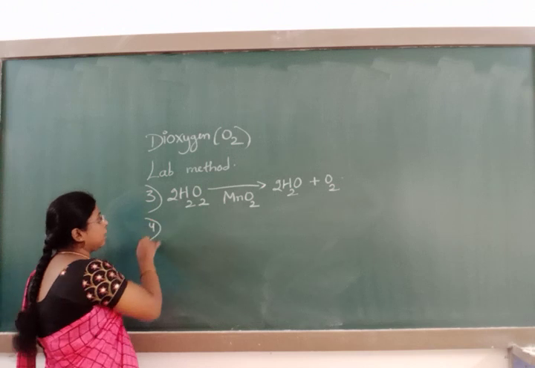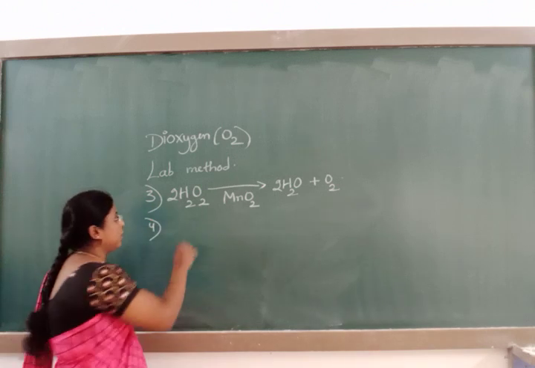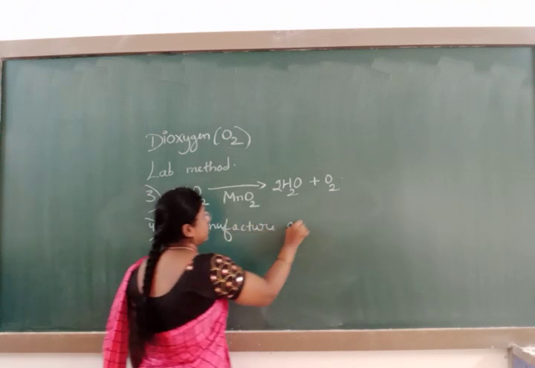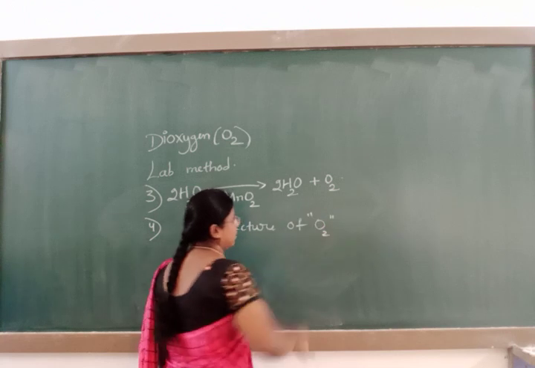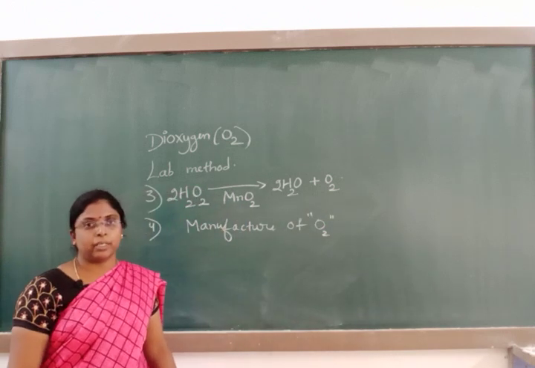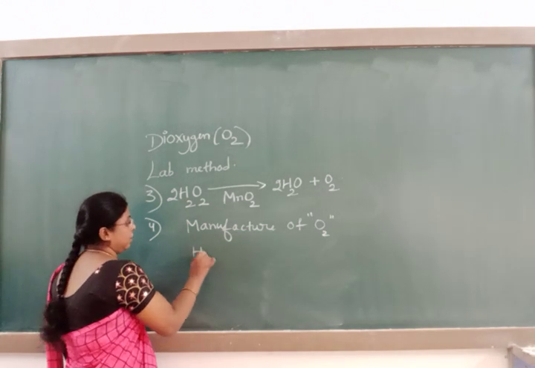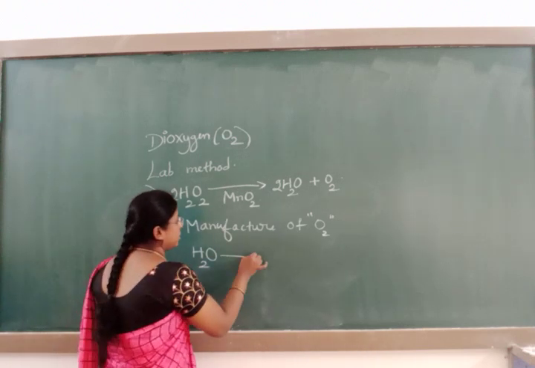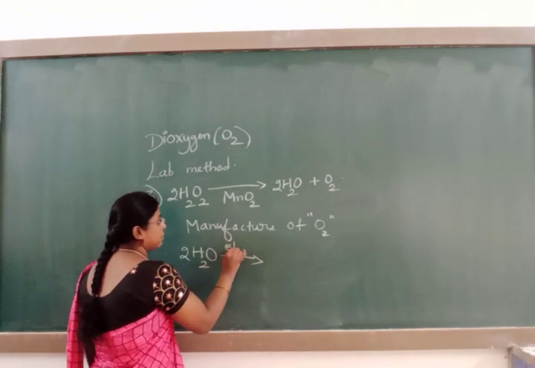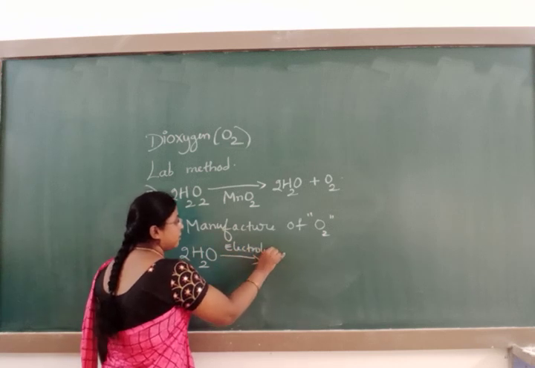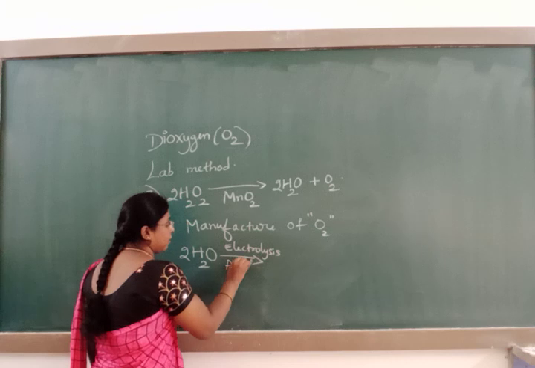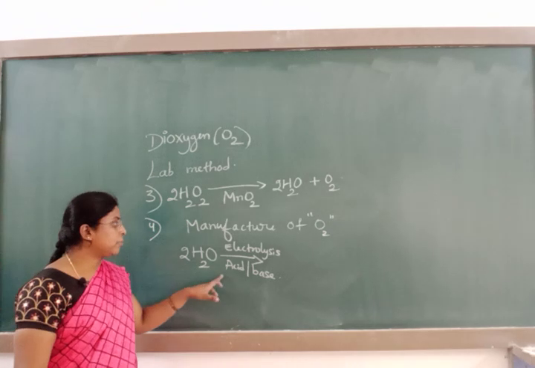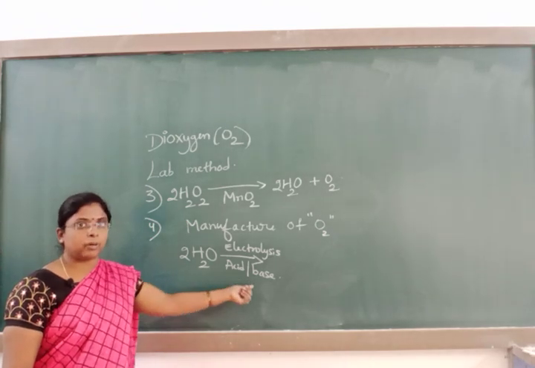The next method is on a large scale, that is the manufacture of O2, dioxygen. We can manufacture dioxygen by electrolysis of water. Electrolysis of water takes place in the presence of a small amount of either acid or base.